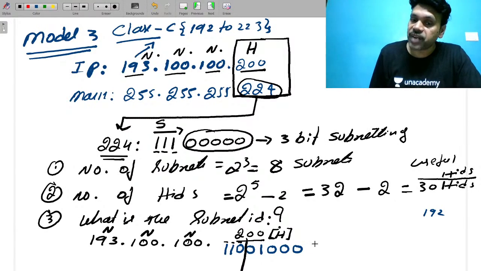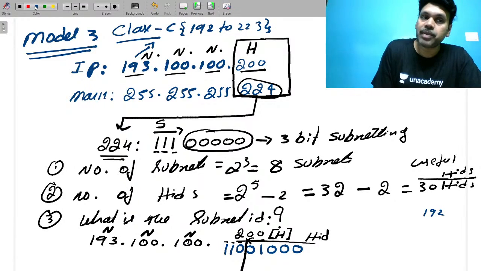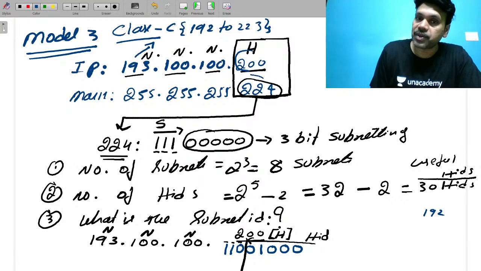And the last 5 bits are not subnetted; that is for your HID. Again, observe carefully. Write the HID part of your IP into binary, and using your mask, see how many bits are subnetted.